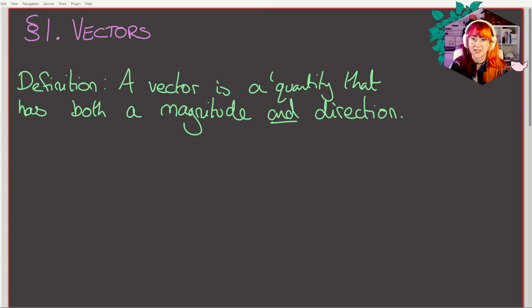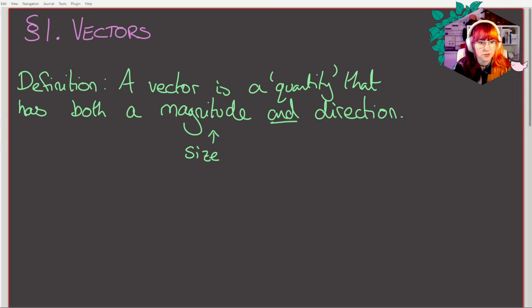So I say quantity, thing, object, mathematical terminology, but essentially it is something that has both a magnitude, so a size, and a direction.